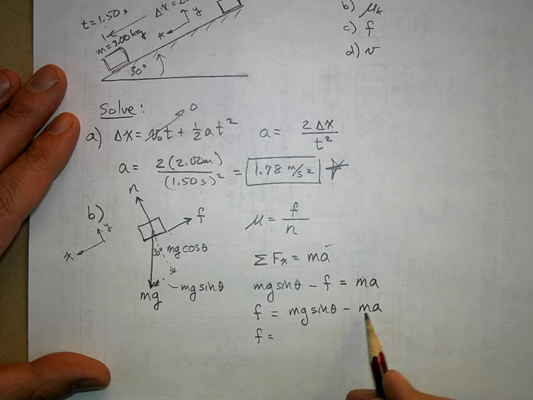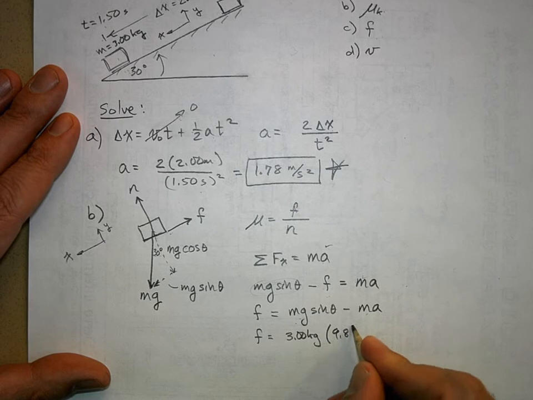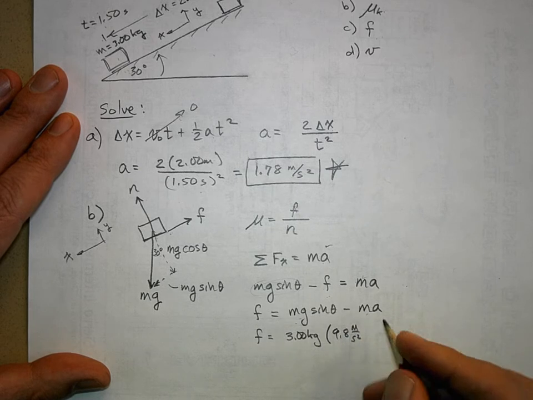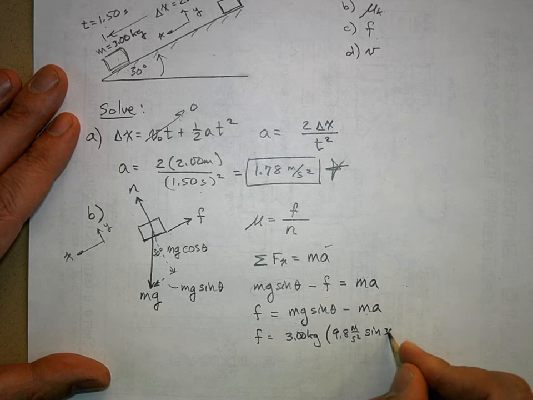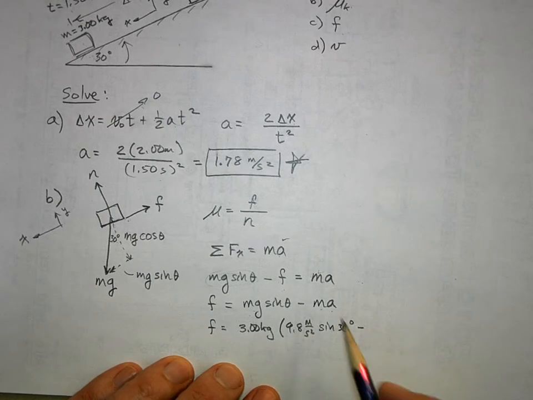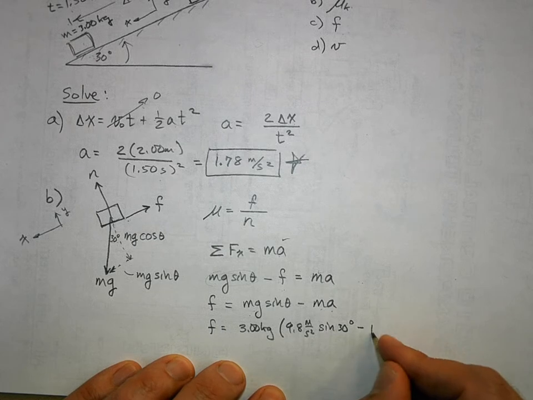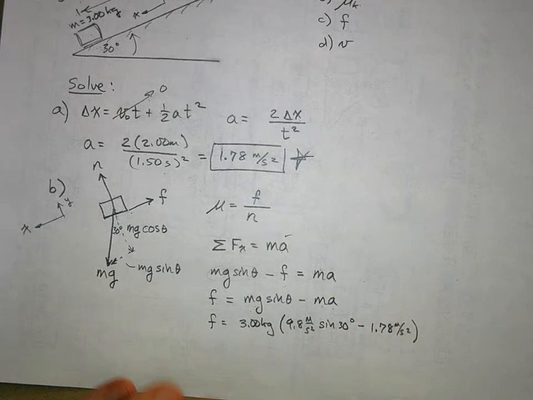I'm going to distribute that out. That's 3 kilograms times 9.8 meters per second squared times the sine of 30 degrees minus the acceleration, which was 1.78 meters per second squared.